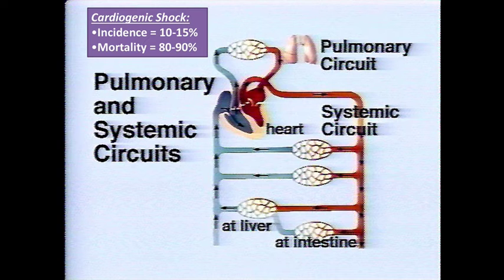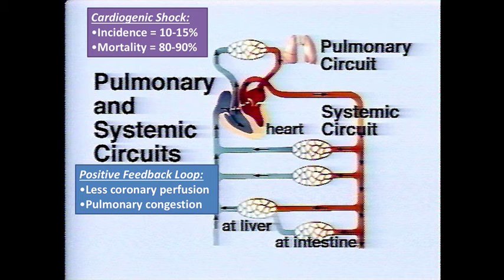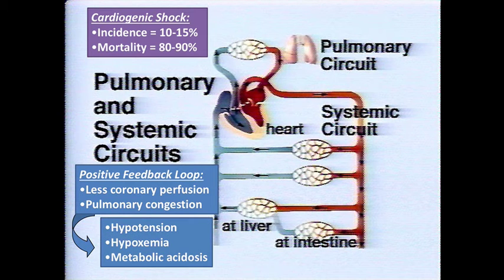So that's a big deal. Cardiogenic shock is so severe because it elicits a feed-forward situation. What starts this process off is a significant decrease in cardiac output, and the heart's too damaged to respond to it.